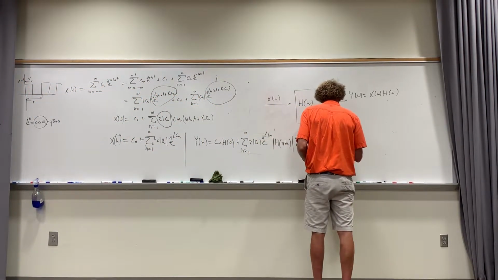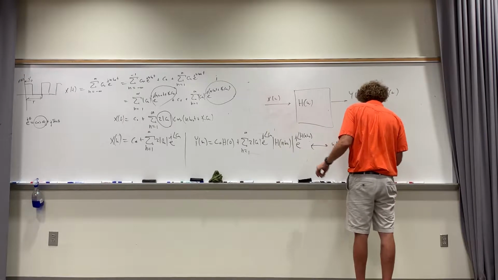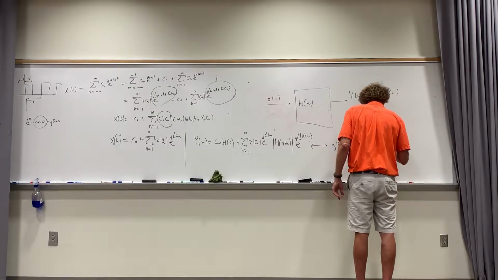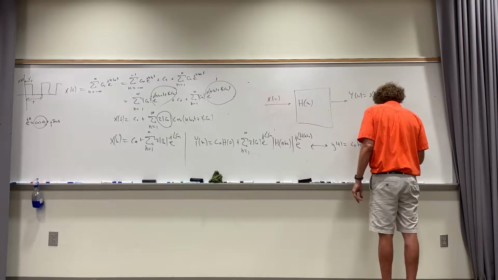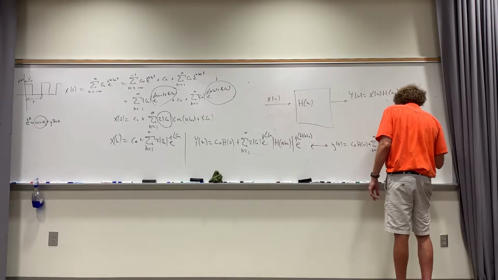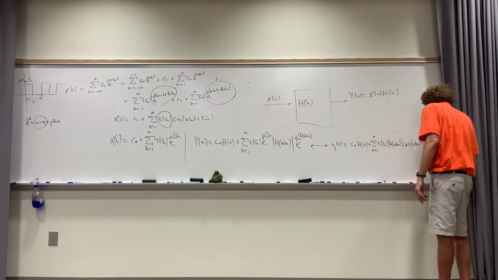My y of t becomes simply equal to C0 times h evaluated at 0 plus, please write this down, the summation from n equals 1 to infinity of 2 times magnitude of c of n times magnitude of h of n omega naught, times cosine of n omega naught t, now catch this, plus the phase angle of c of n.